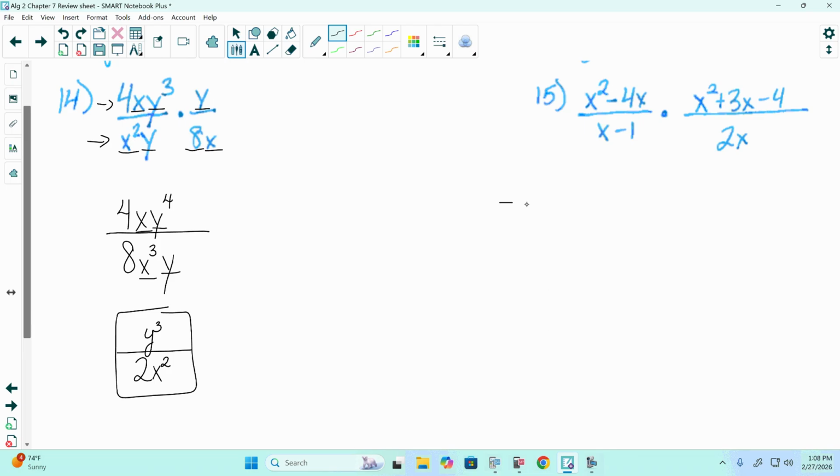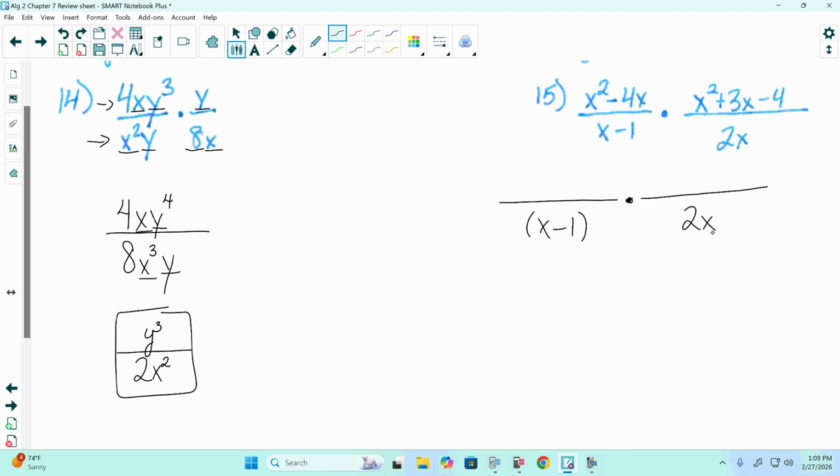15, on the other hand, we already have it set up as multiplication, which is fine. But before I actually start multiplying or simplifying anything, it might be helpful to factor everything out. We want to factor it down and then go from there. So x minus 1 and 2x are factored as far as possible.